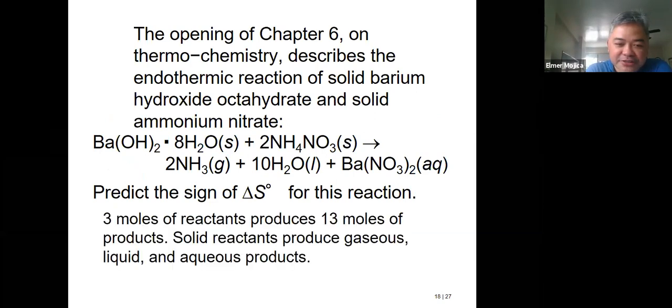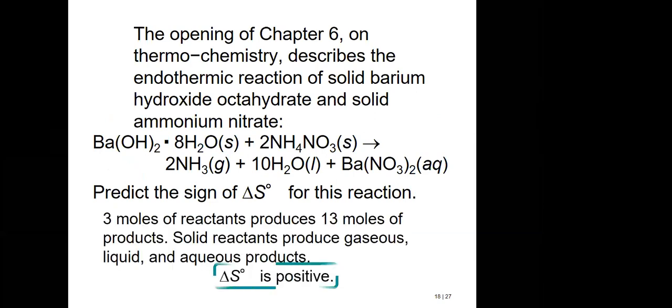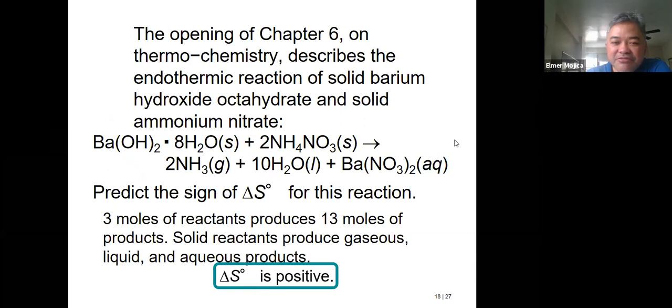I think I put the answer there. Positive. So if you're going to look at why it becomes positive, you have here initially a solid, 3 moles of solids of the reactants, and then they produce what? 13 moles of products.